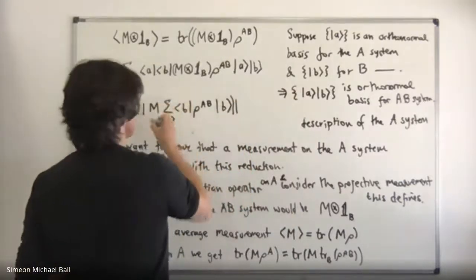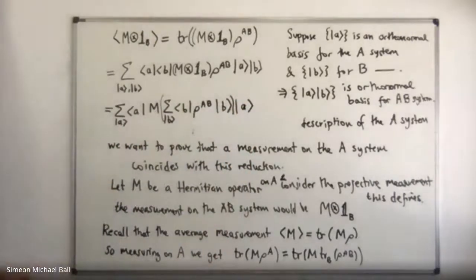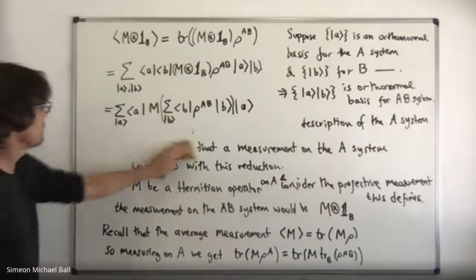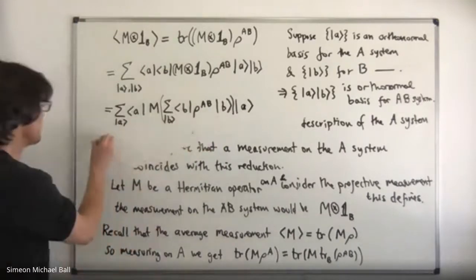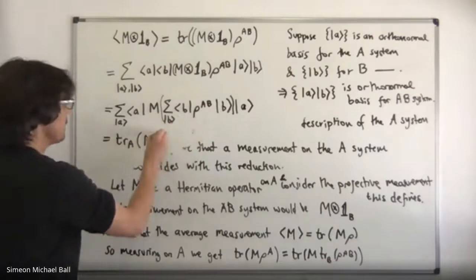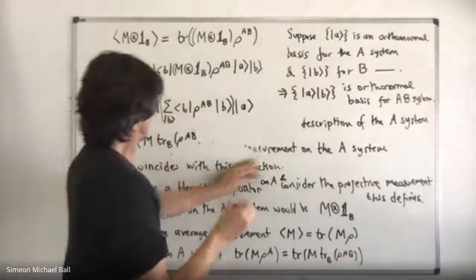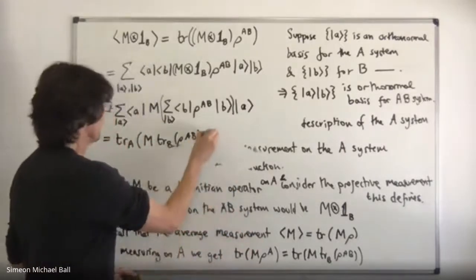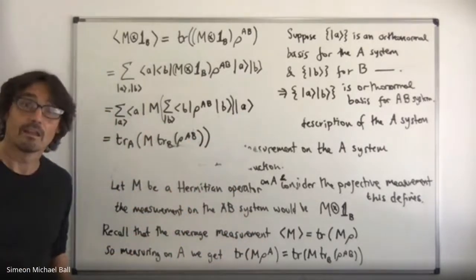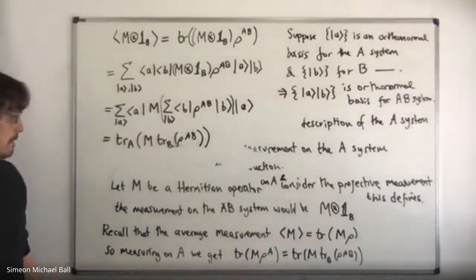So I pass all this on the inside. But what is this then? This is just tracing over the A system of M, and here we're tracing over the B system of rho AB, which is exactly what we wanted to prove.